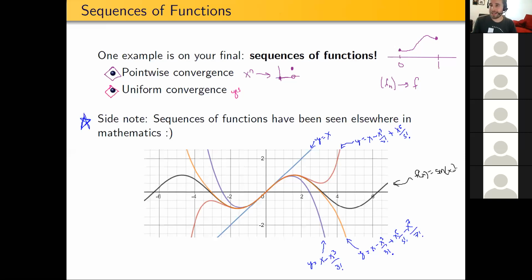So what we saw in Calc 2, right, and I'm teaching Calc 2 right now, so this is all front and center in my brain, is that Taylor polynomials, if we think of them as a sequence of functions, converge to the Taylor series, which is a series representation of this underlying function. So we can talk about a sequence of functions, namely these different Taylor polynomials, converging to the sine function using potentially either pointwise convergence or uniform convergence, depending on how we set it up.